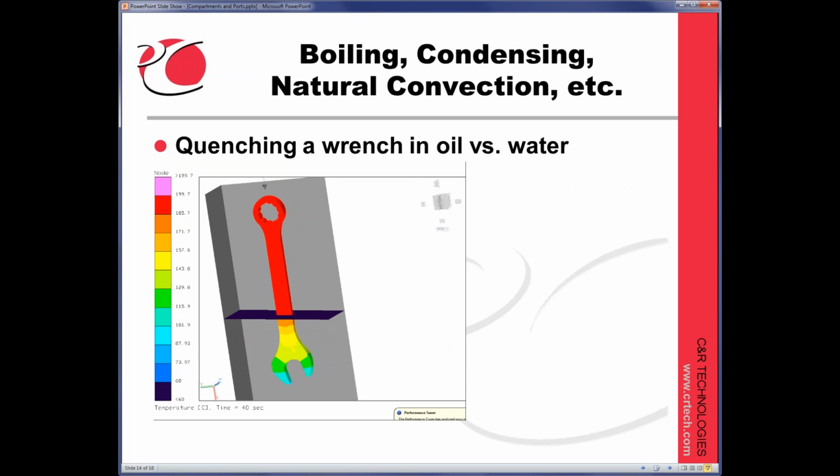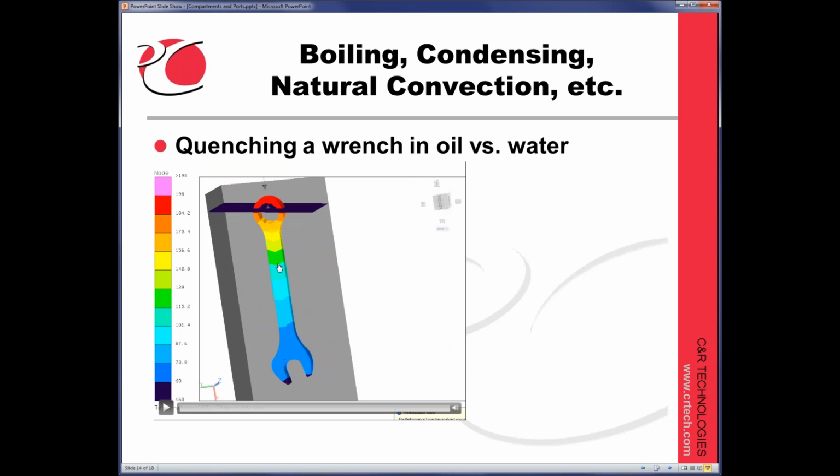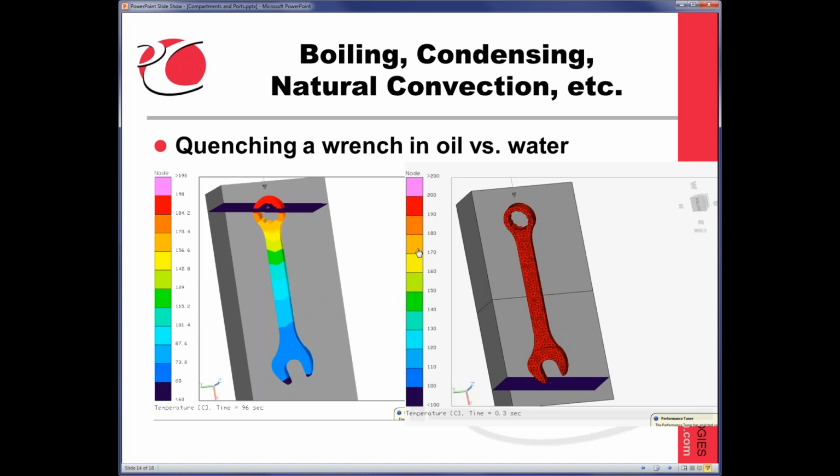No one would take 100 seconds to drop a wrench into oil, but in order to see some nice movies and trends and so forth, I had to drop it slowly. So this is for the sake of explanation, not demonstration. And you can see, of course, that the wrench has nice smooth gradients up as it's being dipped into the oil. And we're going to contrast that with dropping it into water.